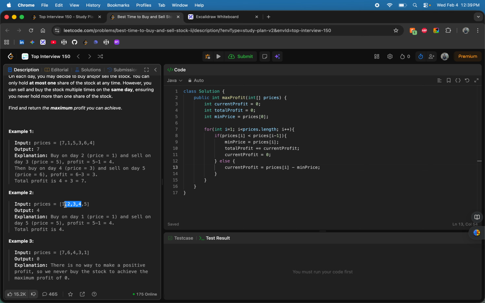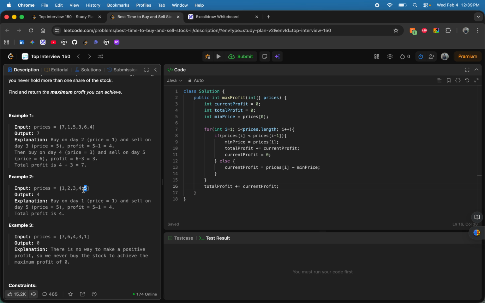So till now, what is the minimum price we have encountered? It is 1. So since we have to calculate the maximum profit, we will subtract the mean price. When we come out of this loop, we will update the total profit again with the current profit, because there may be cases like in this case when the iteration is over, this case will never be hit, because prices i will never be smaller than the previous one.